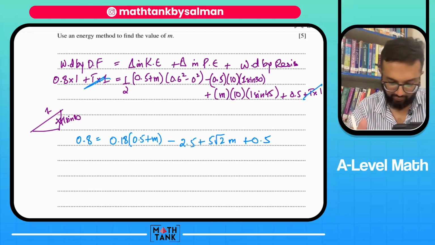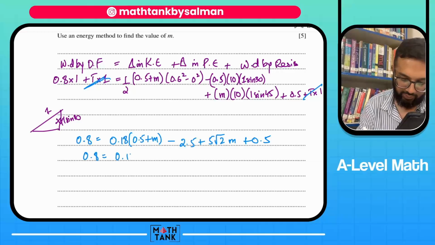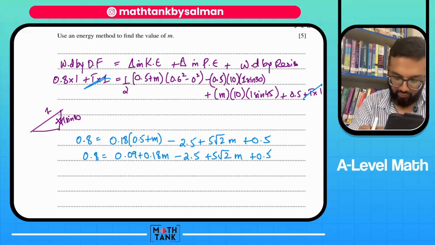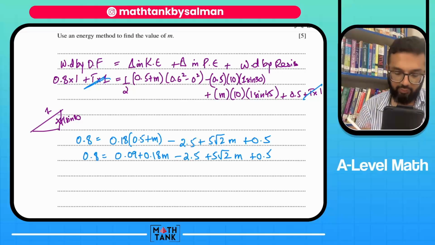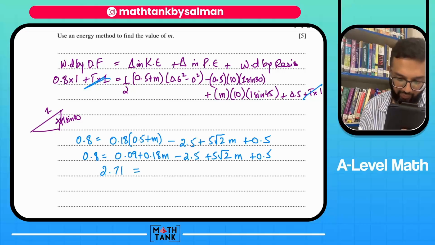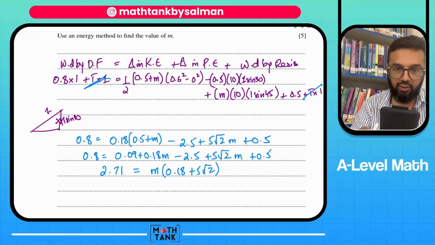Okay, let's expand first. The calculation is taking me a little time because I am being careful about this. Okay, so 0.8 plus 2.5 minus 0.09 minus 0.5. So 2.71 divided by 0.18 plus 5 root 2.